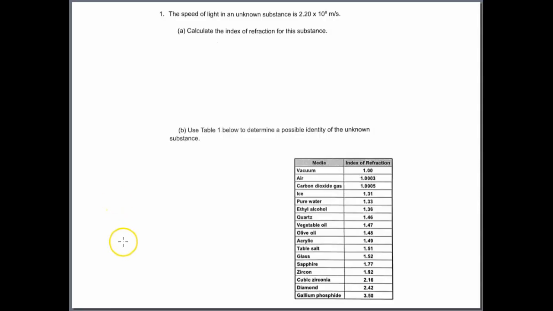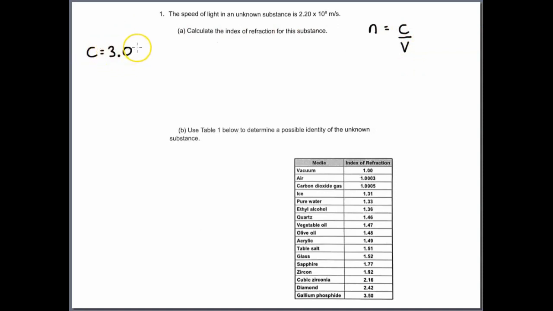Alright, so let's try this question. One of the first equations we learned is that the index of refraction n is a ratio comparing the speed of light in a vacuum c with the speed of light through a certain material v. The speed of light in a vacuum c is always going to be the same.